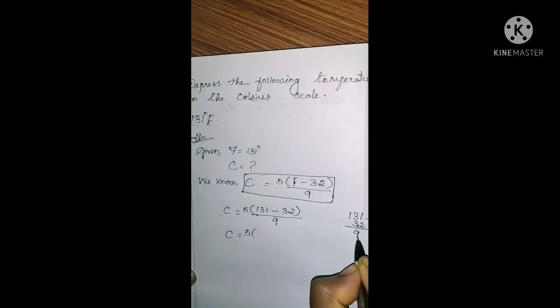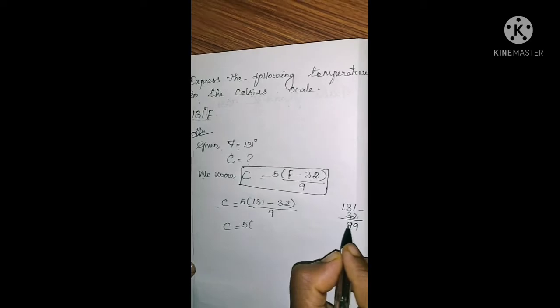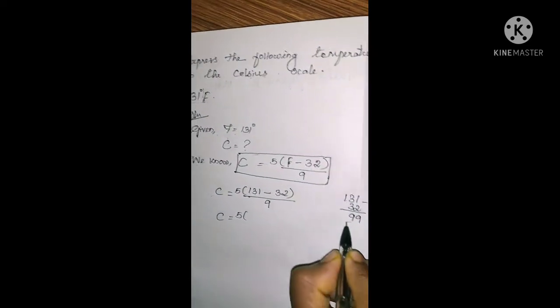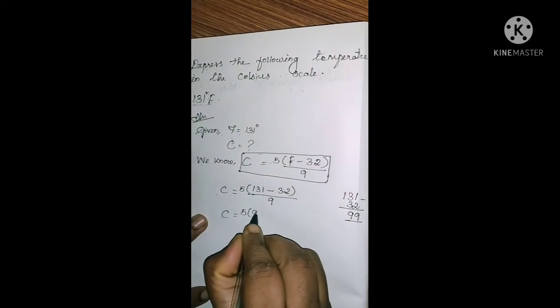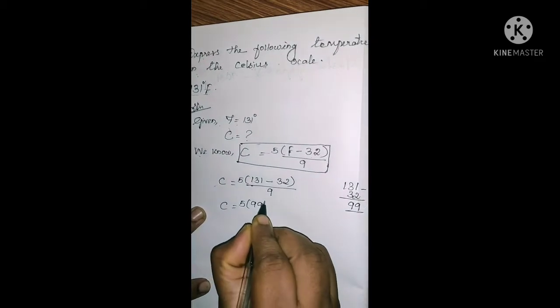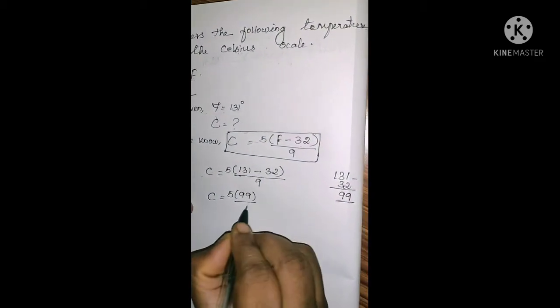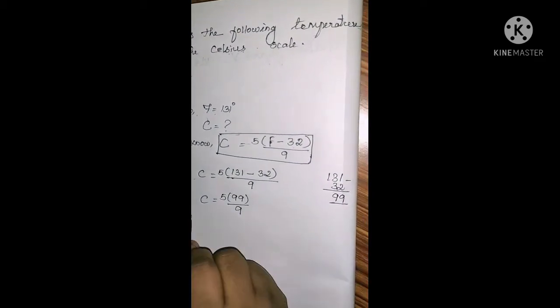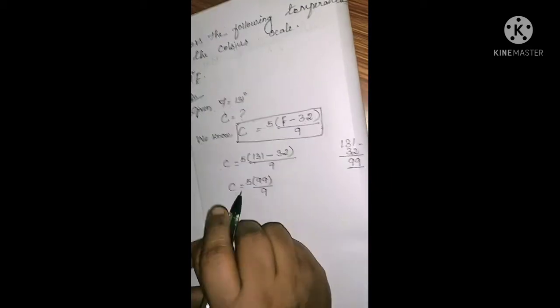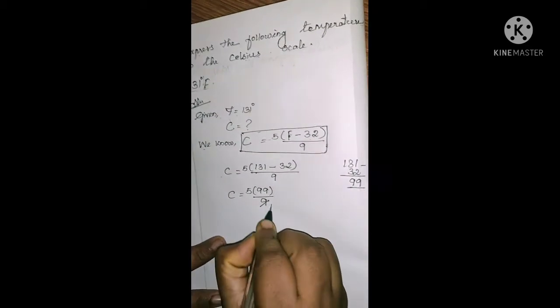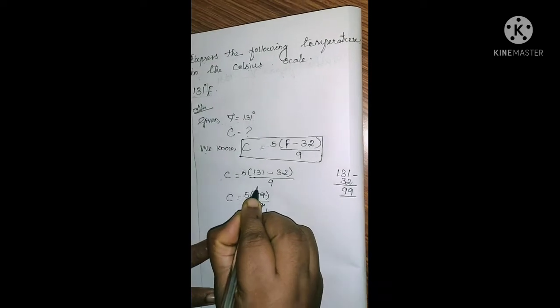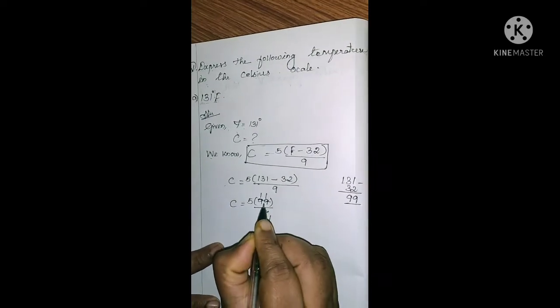Anyway, you will get the answer 99. So 99 divided by 9.